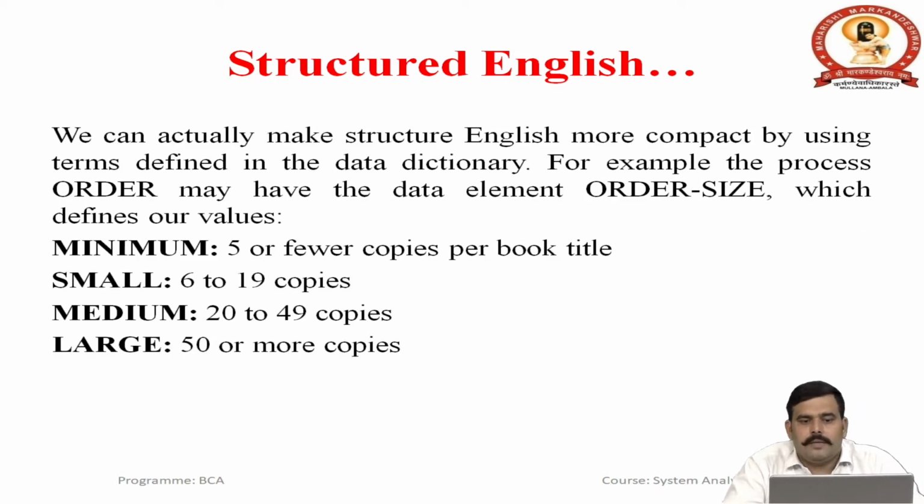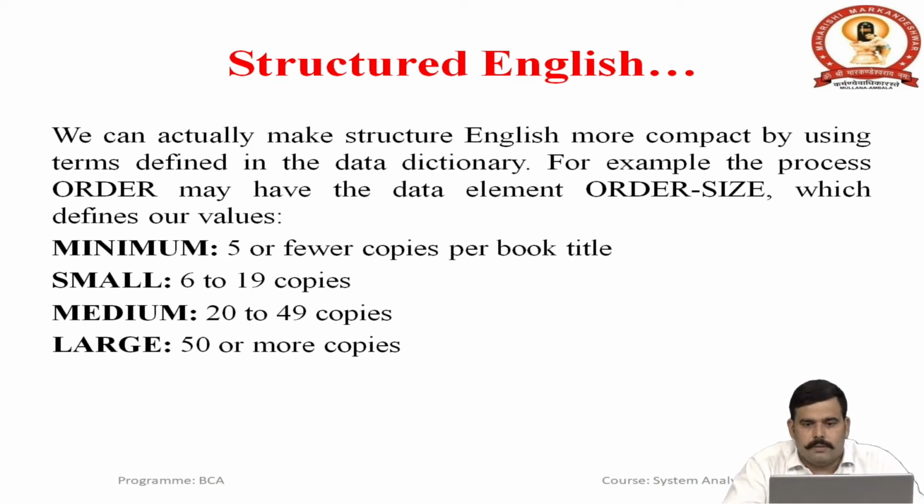We can make the structured English more compact by using terms defined in the data dictionary. In the data dictionary, we have the descriptions and abbreviations of the data elements in the system. We have a hierarchical structure: data element, then data structure, data stores and data flows.